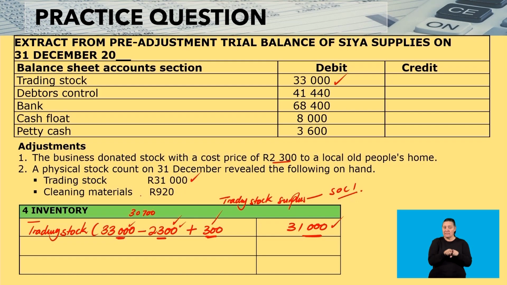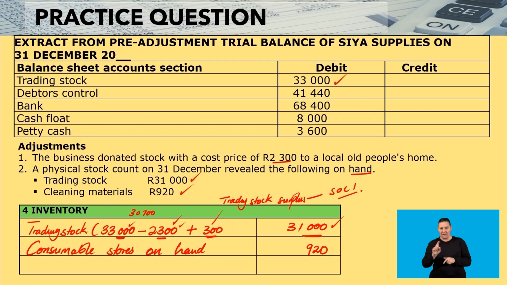I am also told that I have cleaning materials on hand, and my cleaning materials are 920. So I'll say consumable stores on hand are 920. These are the two adjustments that I have made from the physical stock count.